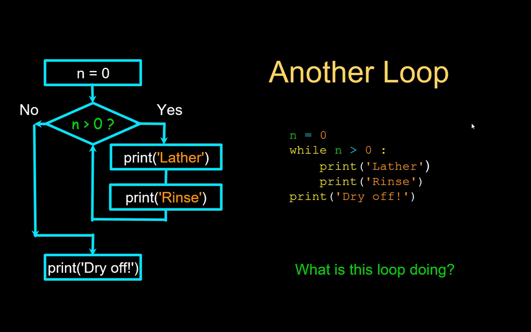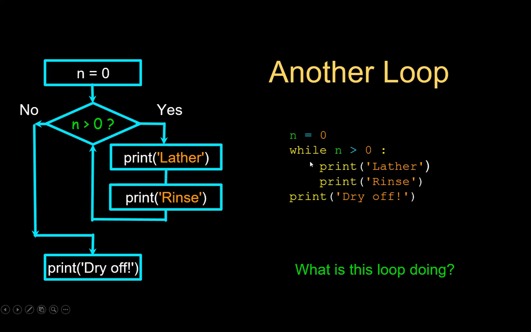Here's another loop that we have. At the beginning we assign 0 to variable n. When it comes to the loop condition, it is while n is greater than 0. This condition is never true under these circumstances, so we never actually go inside this while loop block.